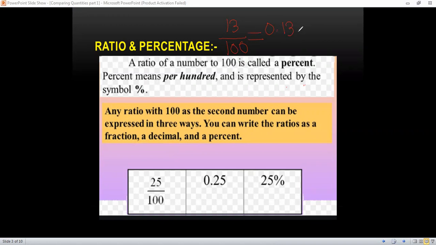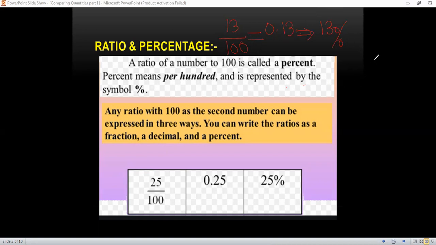Also, we can write 13 by 100 as 13%. So whenever there is a percent symbol, that means it is a fraction where the denominator is 100.